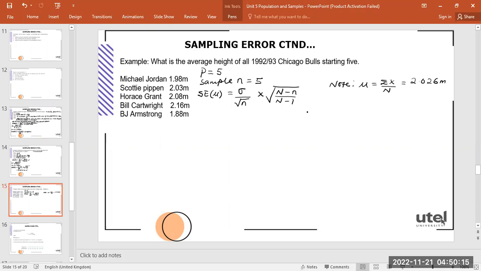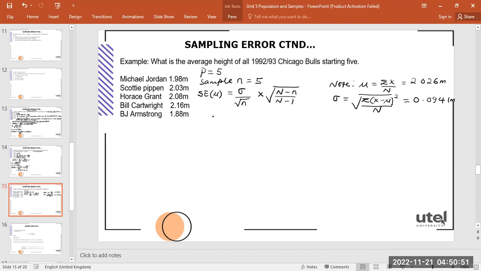We also know that our standard deviation of the population is given as the square root of the sum of x minus mu squared divided by capital N, not n minus 1, because we are dealing with a population. If you do the maths, your standard deviation is 0.0941 meters.